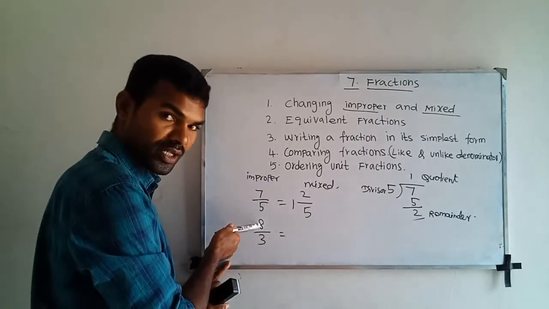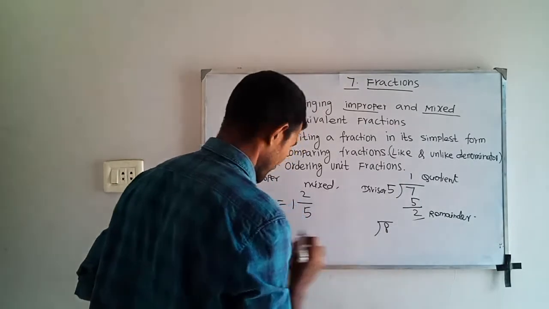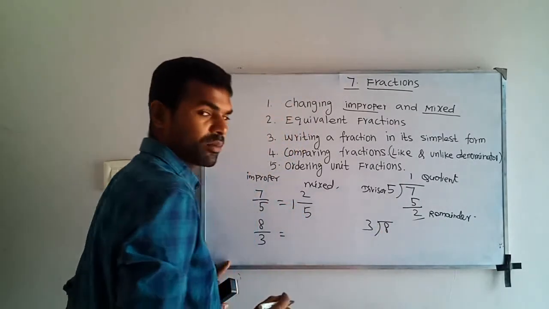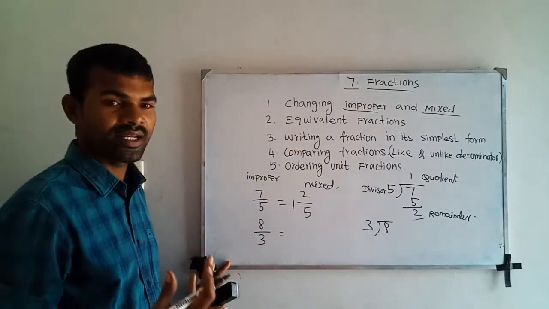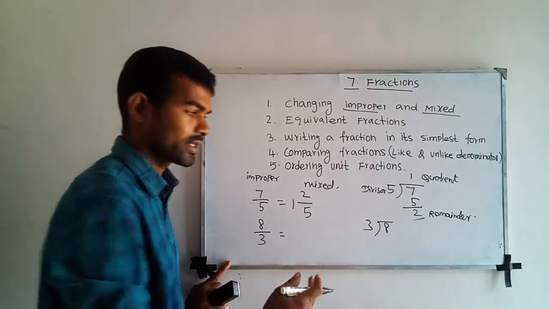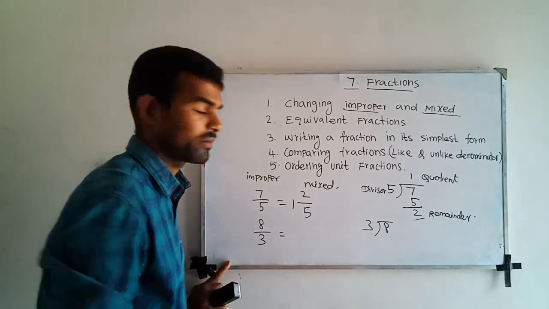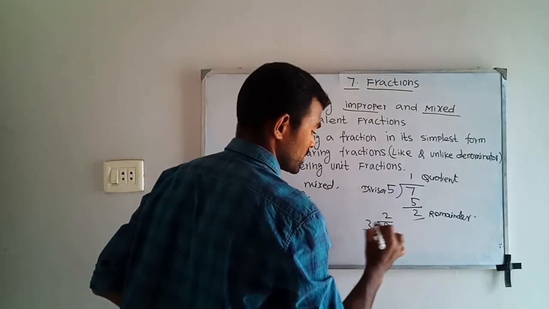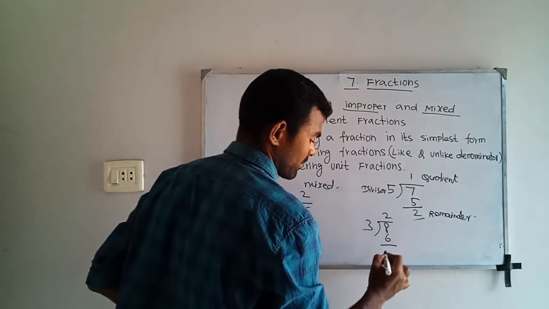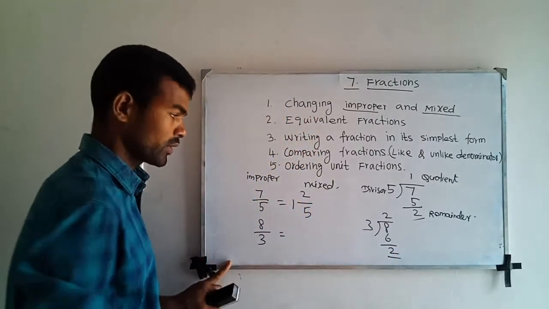Divide the numerator by the denominator. So 8 divided by 3. How many times can we divide 8? Say the 3 table. 3 twos are 6, 3 threes are 9. So we can divide a maximum of 2 times. 3 twos are 6, and the remainder is 2. Yes, got it?